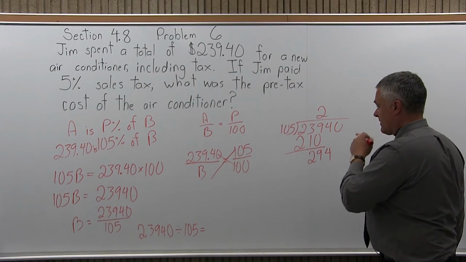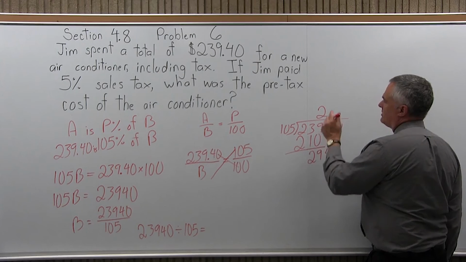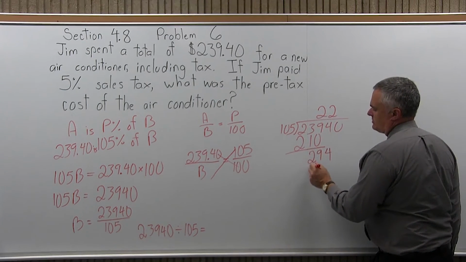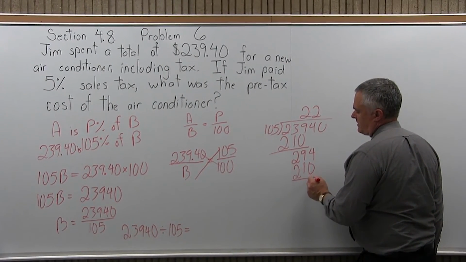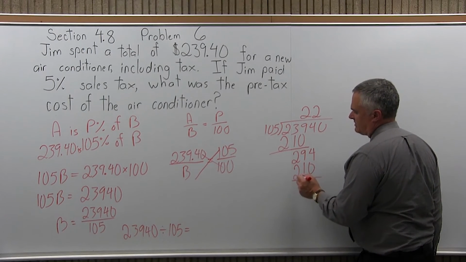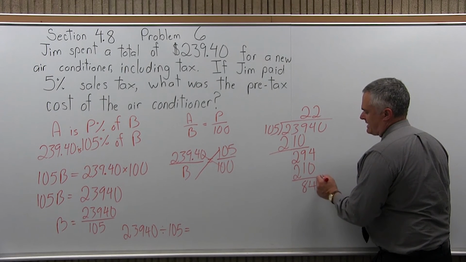105 is still going to go in 2 times. Let's see, so that's 210. And now 4 minus 0 is 4, 9 minus 1 is 8, 84. And then I bring down the last 0.